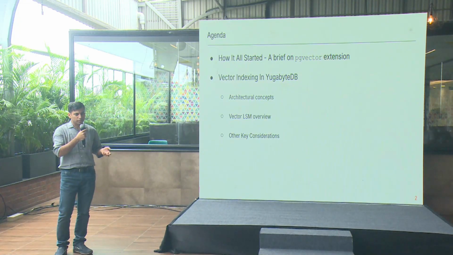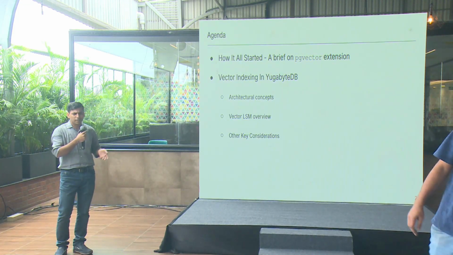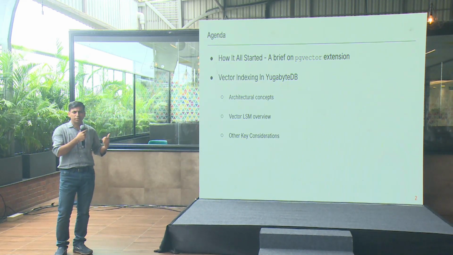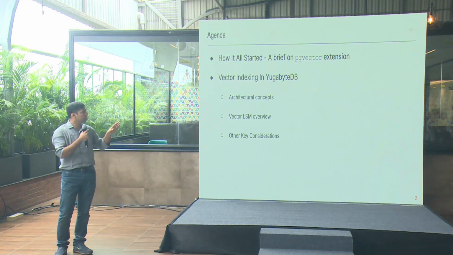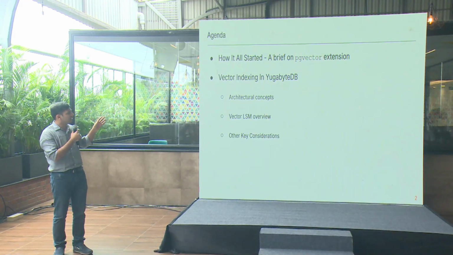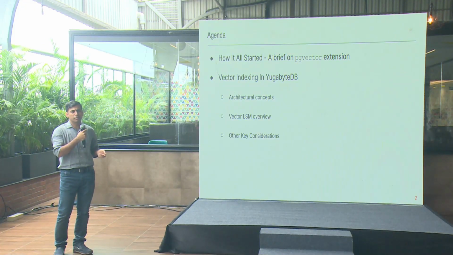It didn't change, it extended the use cases that PostgreSQL could be used for. I understand pgvector was already discussed in detail in previous or recent meetups, so I'm not going to talk a lot about that. I just wanted to mention it here before moving on to the vector indexing implementation in YugabyteDB.